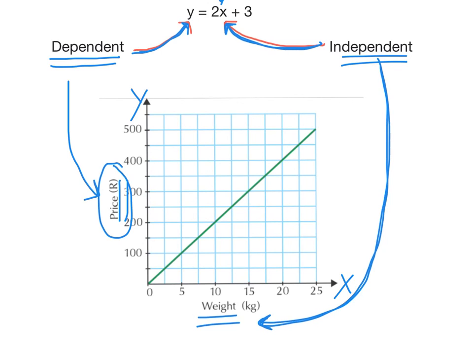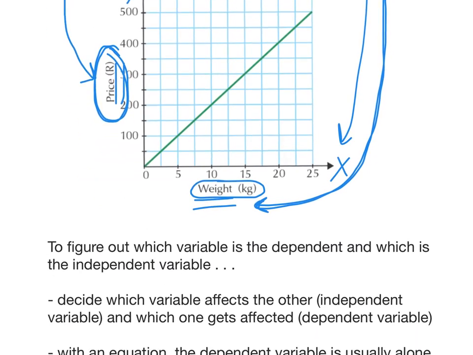So for the most part, if you see a y, it's usually the dependent variable. If you see an x, it's usually the independent variable. In science class, when you go to graph things, the independent variable will always go on the x-axis, on the across axis. The dependent variable will always go on the y-axis. Moving on.